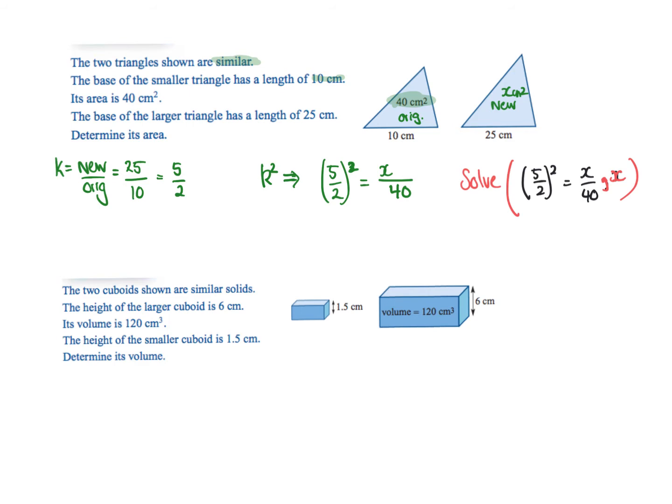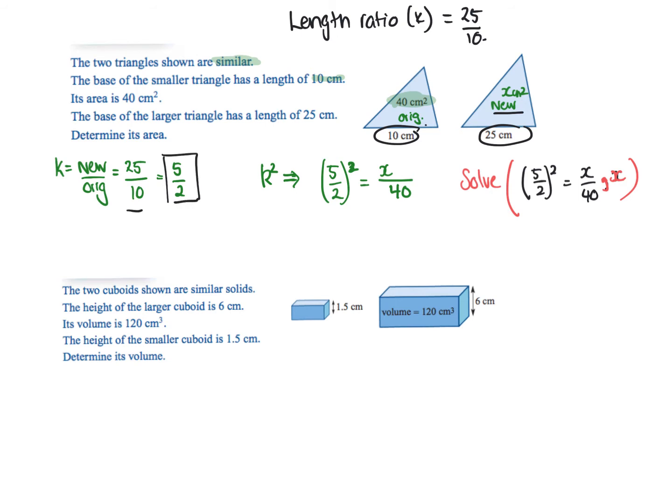These 2 values give you the length ratio, or the K. So if this is the new and this is the original, we've got 25 over 10, so 5 over 2. This is how it's changed.